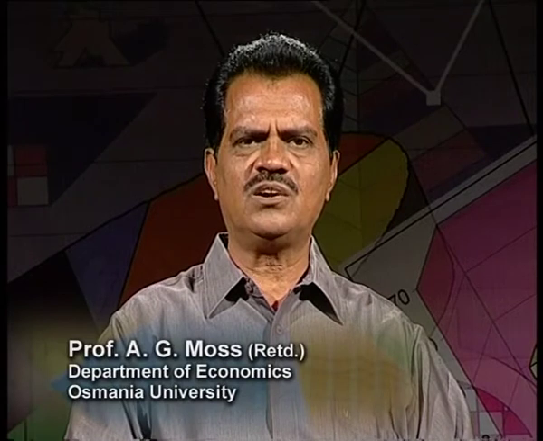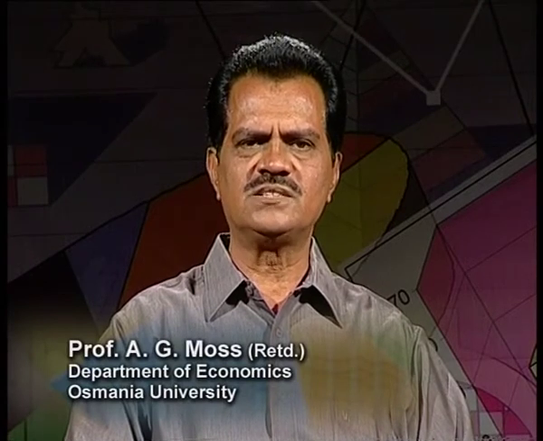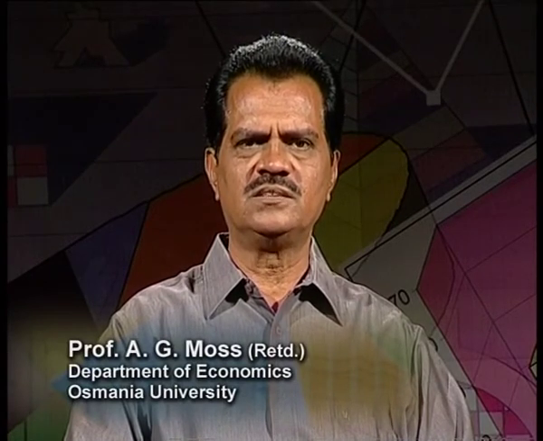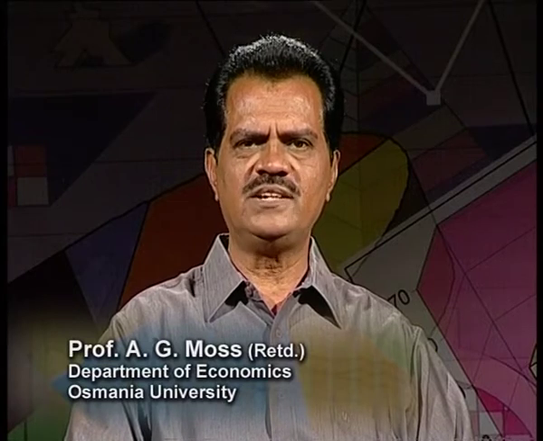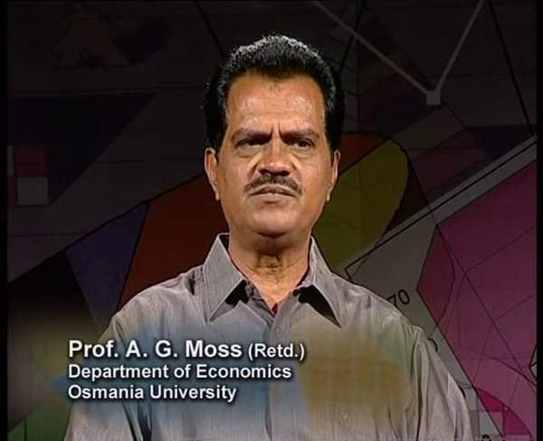As we had seen earlier, there are two basic laws which become the foundations for the law of demand: the law of diminishing marginal utility, which we discussed in the previous lecture, and the law of equi-marginal utility that we are going to discuss today.